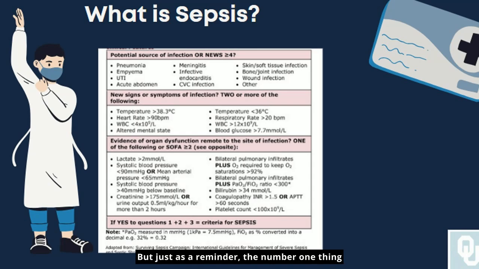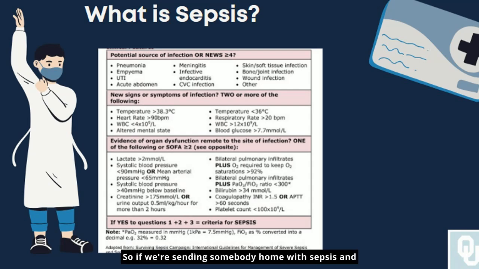But just as a reminder, the number one thing about curing sepsis and making it not happen again is to know what started it. Back to that health literacy for us. What's the source? Where is the infection coming from? If we can't figure that out, or we can't do something to keep it from recurring, then that's a problem. And then knowing when we're at risk for it.